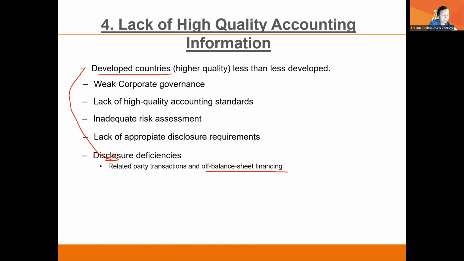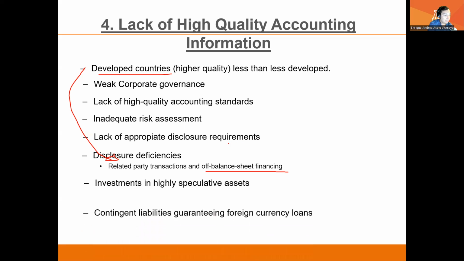There's a high exposure to foreign exchange risk, and they might not disclose that risk. They might invest in highly speculative assets and not disclose that this is a highly speculative asset. So you will have to do more due diligence because there is not enough disclosure.